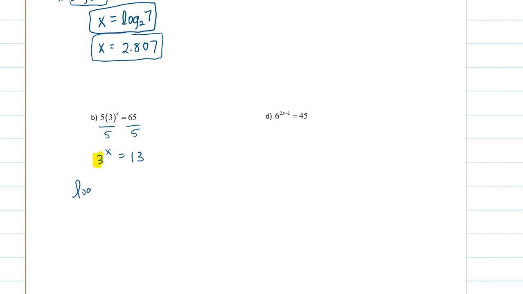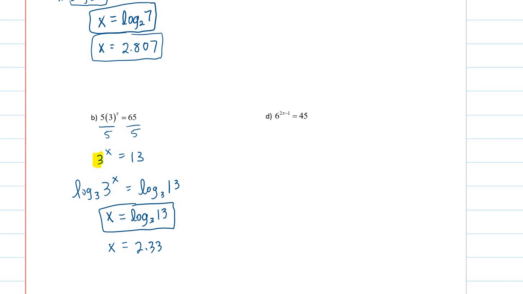So I take log base 3 of 3 to the x equals log base 3 of 13. Because of the inverse property, the expression on the left just equals x. And on the right, we get log base 3 of 13. That is our exact answer. If we then go to our CAS and plug it in, we get a rounded answer of 2.335.